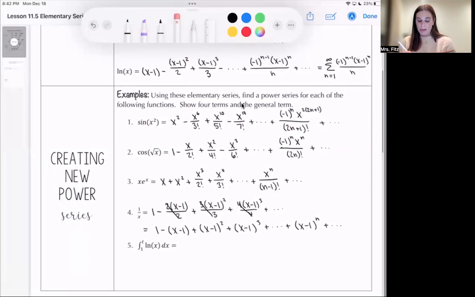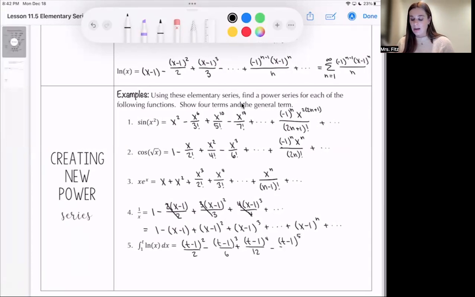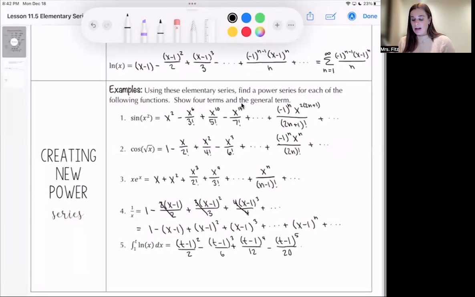So you actually end up with t minus 1 squared over 2 minus t minus 1 cubed over 6 plus t minus 1 to the 4th over 12 minus, and I really did not give you guys enough room to fully do this one. You would end up with this if you actually integrated each of the terms and then simplified everything once you plugged in from t to 1.